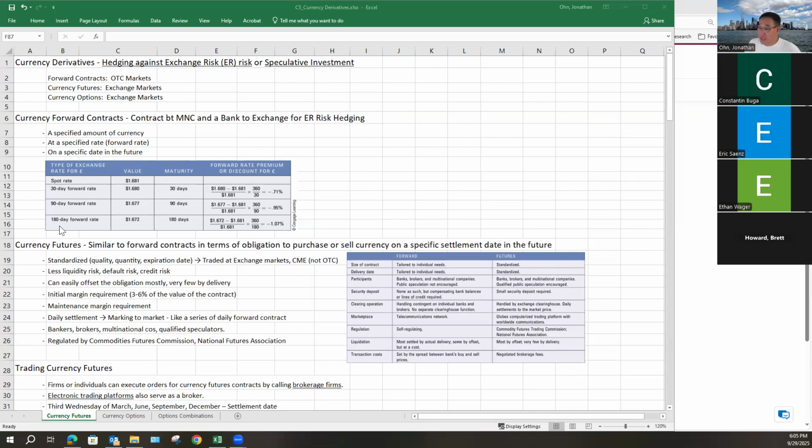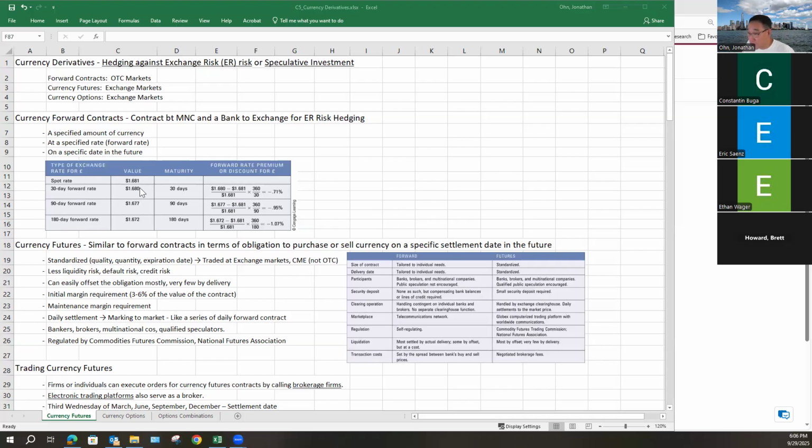Now, this is one example here, the British pound. The current spot rate is 1.681, and these are examples of the 30-day forward rate, the 90-day forward rate, and the 180-day forward rate.